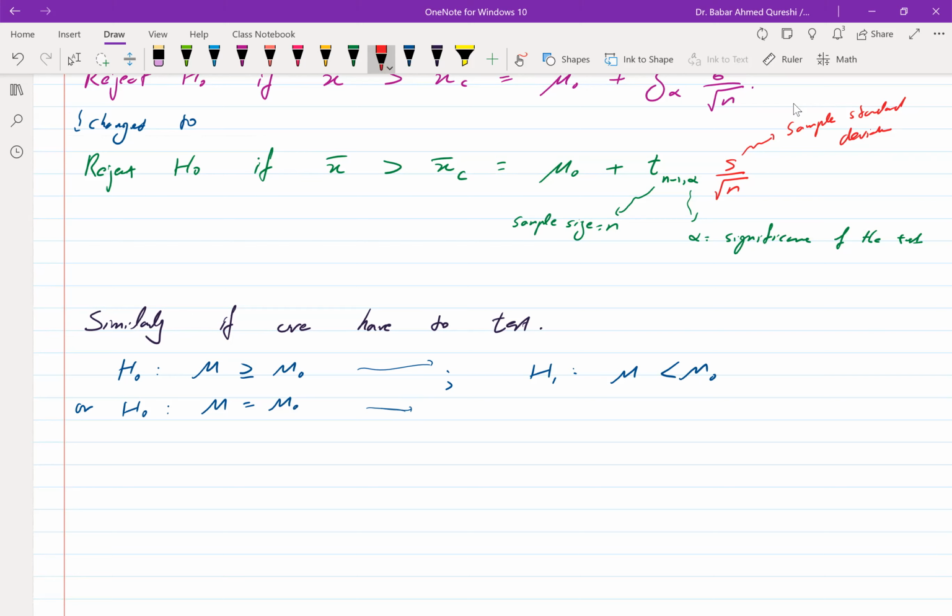So just like before, let me just write what we had before. Or let me just write the final answer. Reject H naught if your sample mean this time is less than the critical value. Instead of being more than the critical value, since you are looking on the other side, you're testing here a critical value. Some small number here will be your critical value.